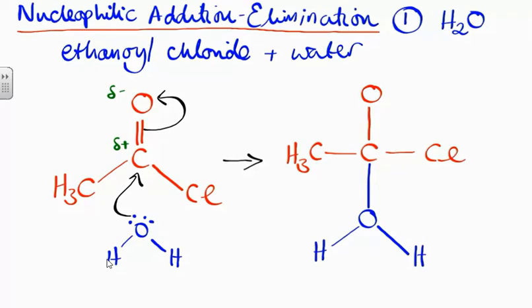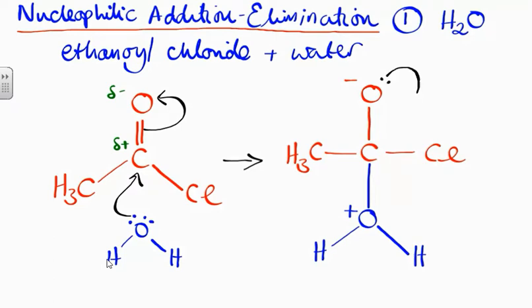So the red oxygen has gained an electron which becomes negatively charged, whereas the water, or the oxygen, has used a lone pair to form a bond with the carbon, effectively losing one of its own electrons, and that's now positively charged. So we didn't have a charge at the start. Overall, we still don't have a charge. We've got a minus and a plus there, so that's the intermediate.